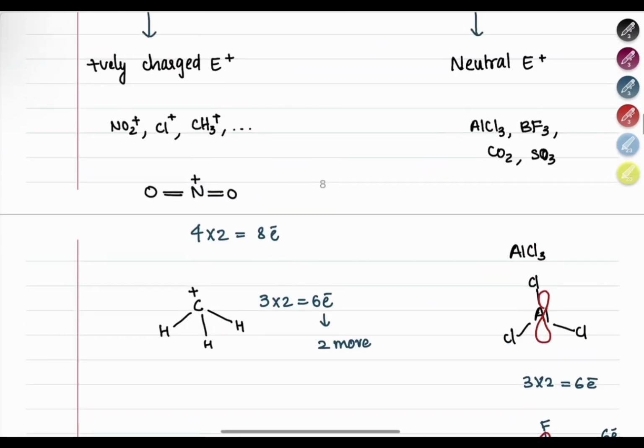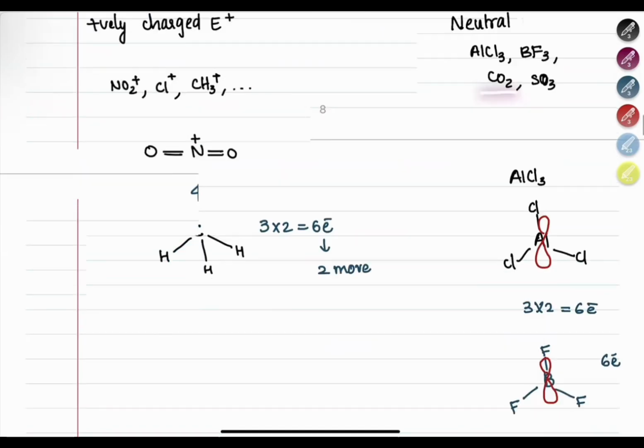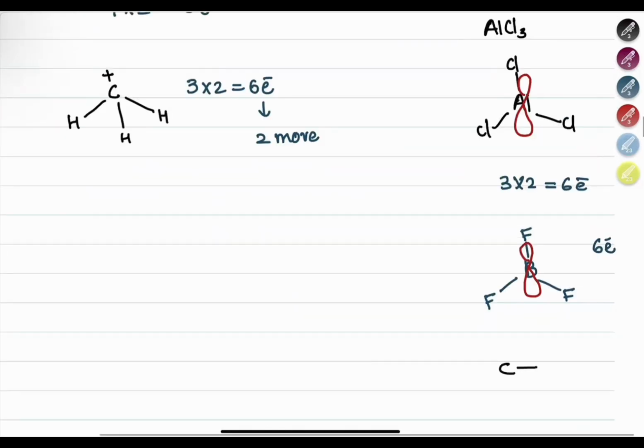Now we'll see what is happening in the case of CO2. This is the structure of CO2. If you count the total number of electrons, 4 bonds, so a total of 8 electrons are there, and there is no positive charge, but still it is an electrophile. Why? Because this carbon is also attached to 2 oxygen atoms, which are electronegative. So these oxygens will attract electron pairs towards them, and this carbon will become electron deficient and become an electrophile.